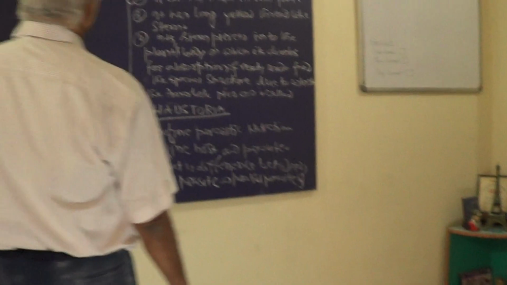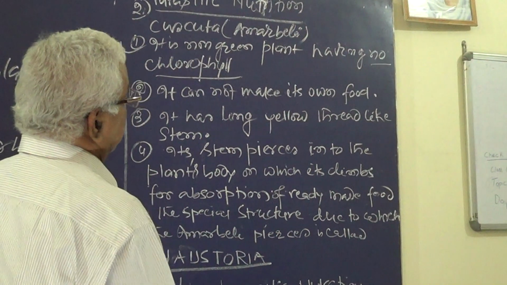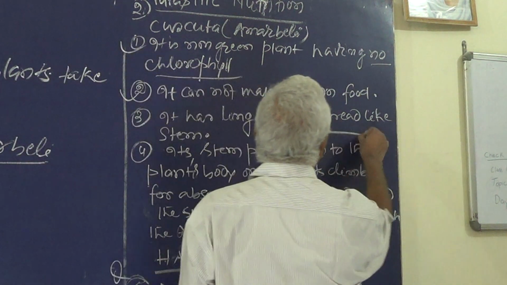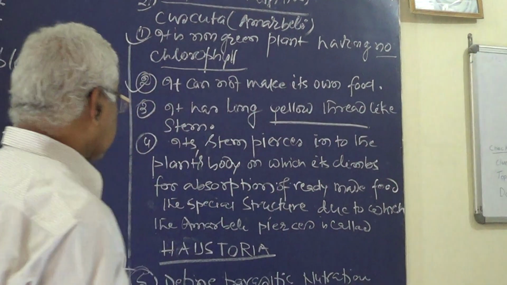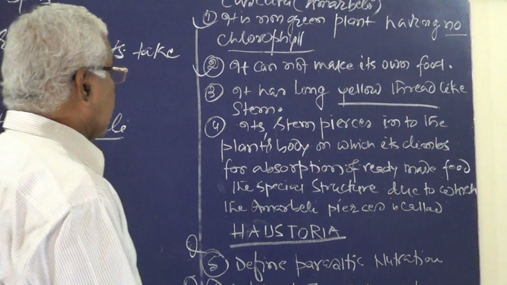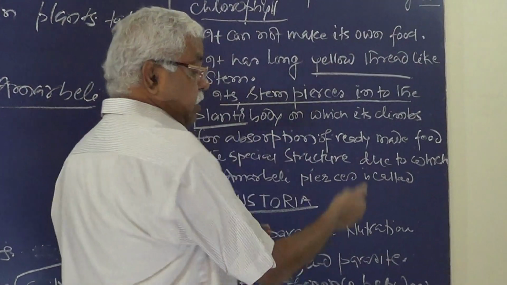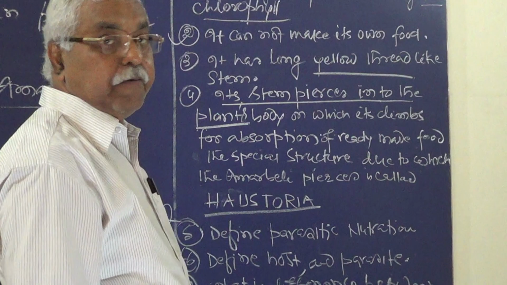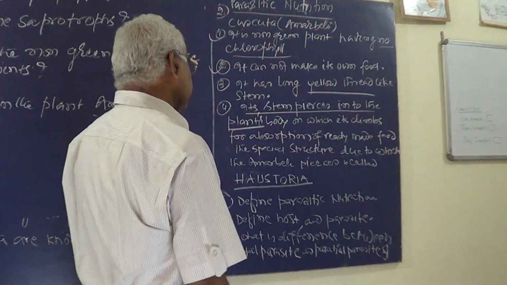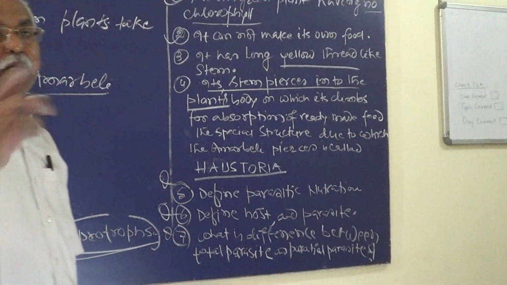Now, listen. It cannot make its own food. It has a long yellow thread-like stem. Its stem pierces into the plant's body on which it climbs, for absorption of ready-made food. What does Amar Bail do?